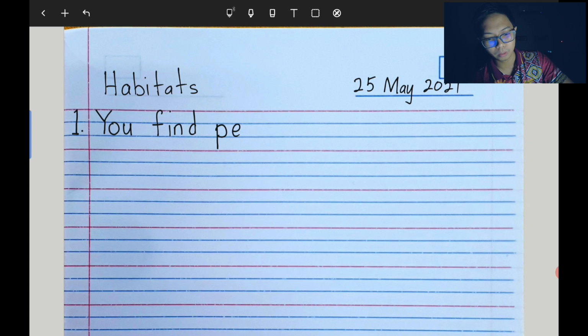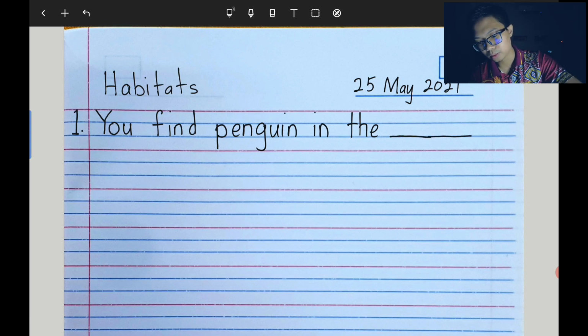You find penguin, P-E-N-G-U-I-N, in the, let me draw the line, and don't forget to put full stop. Polar region. Kamu jumpa penguin, okay, di polar region.